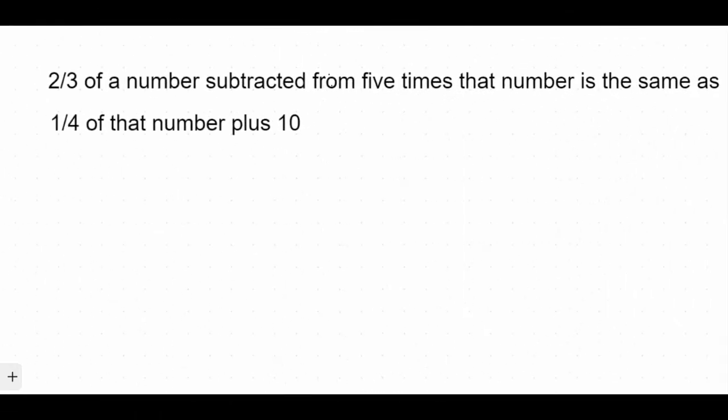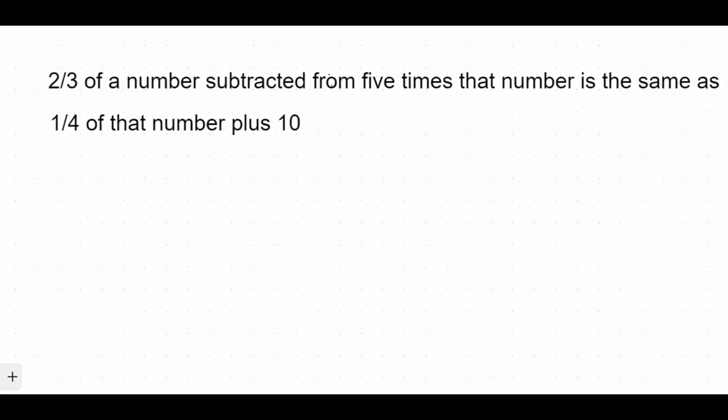All right, so here we have our last example. So let's go ahead and read through this. It says that we have 2/3 of a number subtracted from 5 times that number, and that this is the same as 1/4 of that number plus 10. Okay, so starting at the beginning, 2/3 of a number.